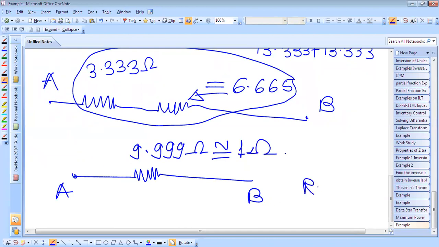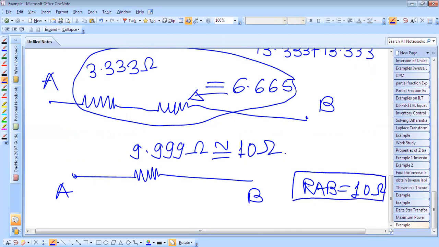So the resistance between A and B is equal to, sorry, this is a 10 ohm, not 1 ohm. This is a 10 ohm. 9.999 ohm means approximately equal to 10 ohm.